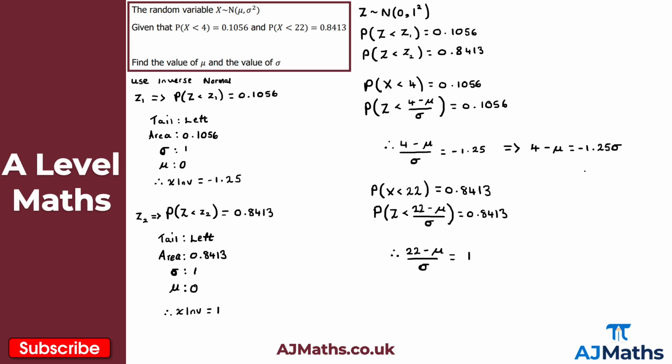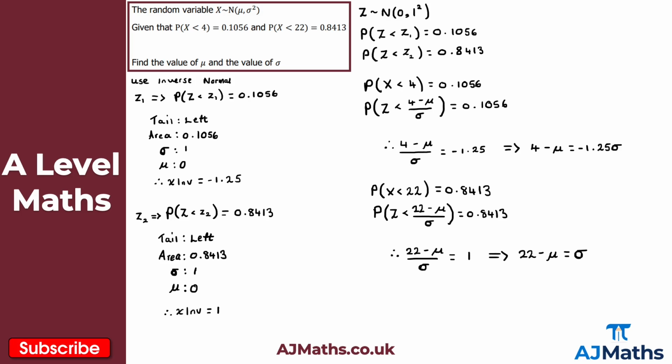Okay. Then we do the same here for this equation here. What I'd get then is 22 minus mu, and that's equal to 1 times sigma, which is sigma. Okay, so all I've done there then, just in case you were confused, I just times through both sides by sigma here for this equation and for this equation here.